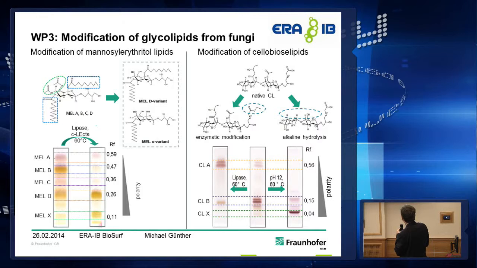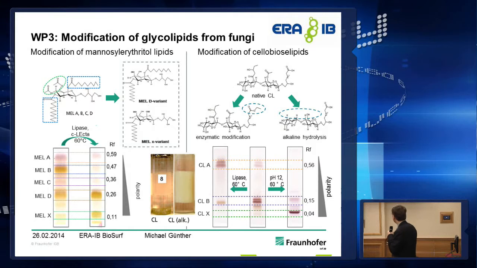experiment. If you do the same for the cellulose lipids, interestingly, you see the opposite. Here we suggest that this is basically a trans-esterification reaction where you get this free fatty acid part acetylated somehow. If you treat these CLs with alkaline, you get a deacylation and the polarity is increasing strongly.